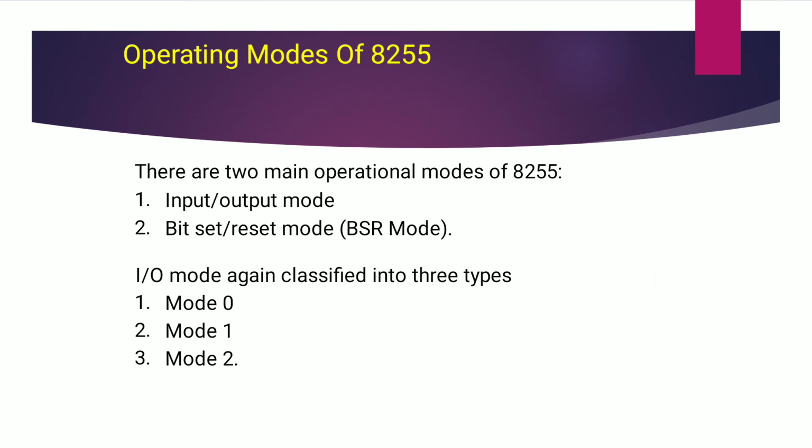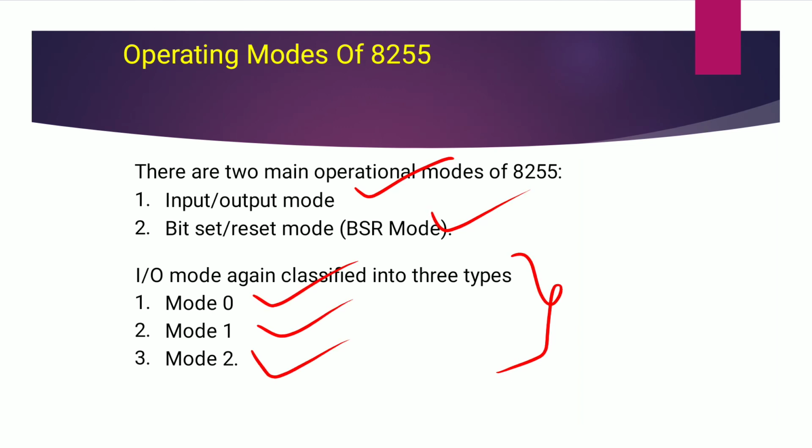In 8255 there are basically two modes of operation, that is input output mode and bit set reset mode, or BSR mode. Further, IO mode is divided into three parts, that is mode 0, mode 1 and mode 2.